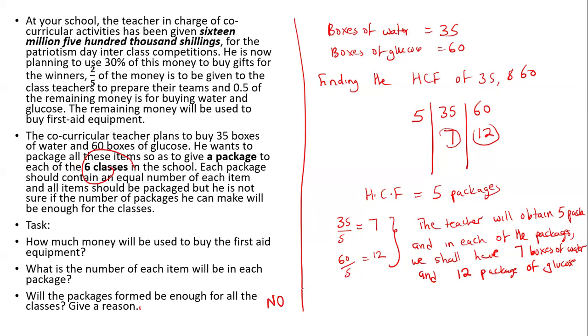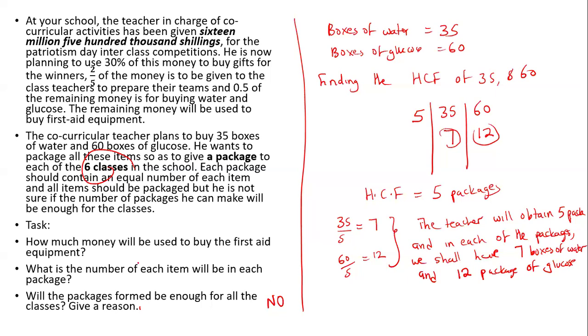So you will say no, because we can only obtain 5 packages, which is less than the number of classes we have in the school. That's how you make your conclusion.